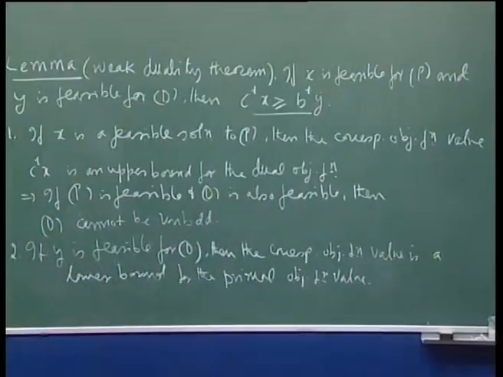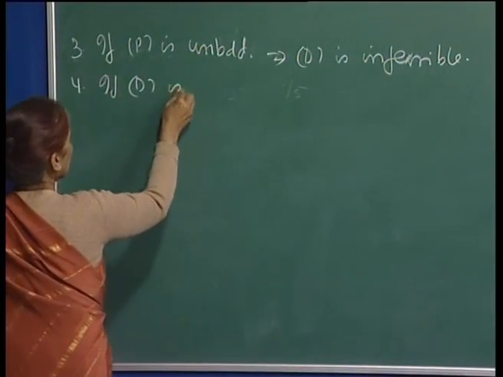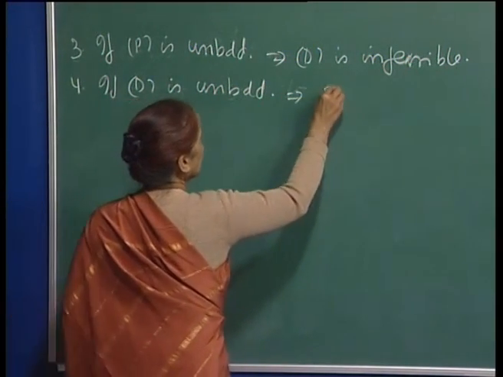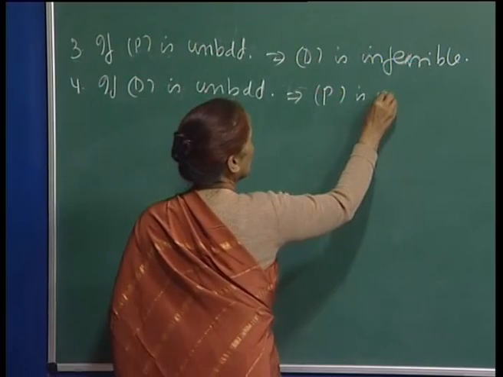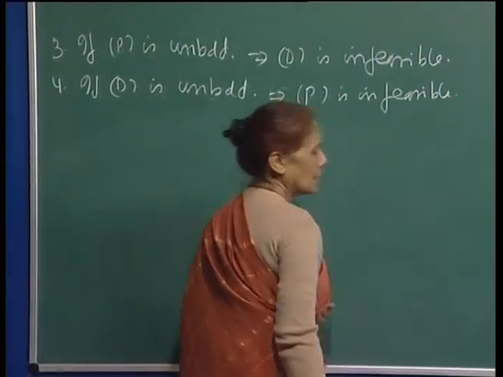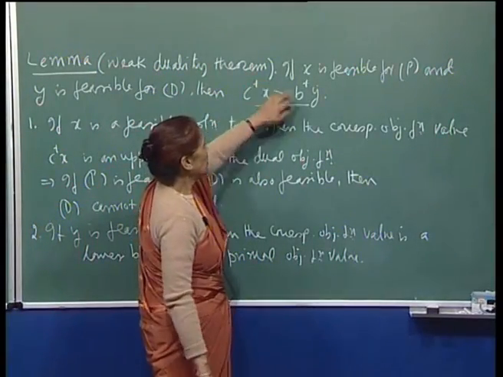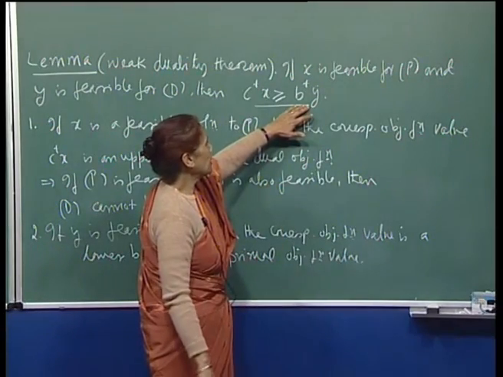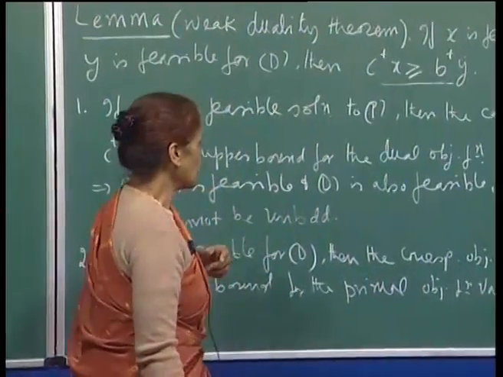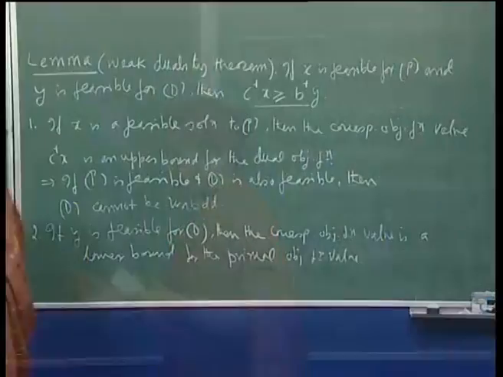And similarly, the fourth statement, that if D is unbounded, it will imply that P is infeasible, because again if P were feasible, then this would be a finite value, but this can be made to go to plus infinity, since we are saying that D is unbounded. So, the inequality is not possible, but we derive this inequality from our definition of the dual from the primal, right.